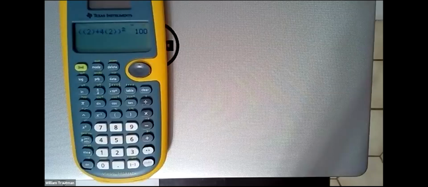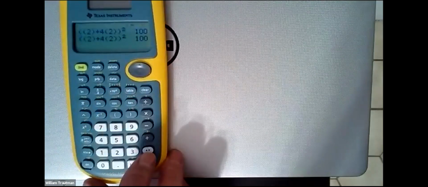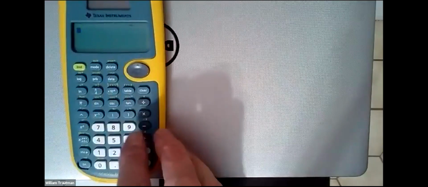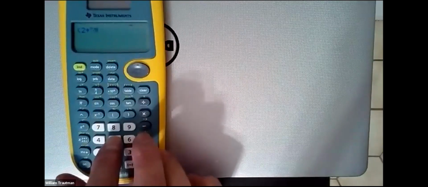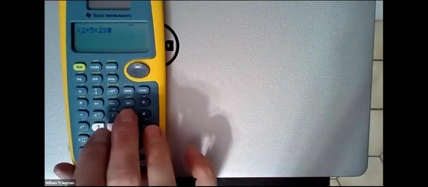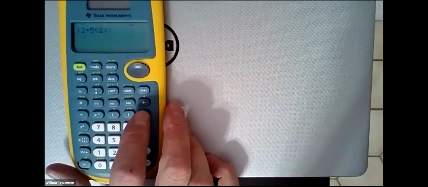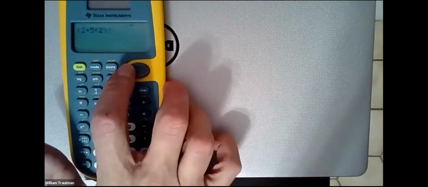If I would have, I don't know. I think there's a way of rewriting the same problem or redoing the same problem. I don't know how. But let me put my calculator in here. Just do a problem really quick. Parentheses 2 plus 5 parentheses 2, close parentheses, raise it. Wait, I'm not going to put that parentheses.